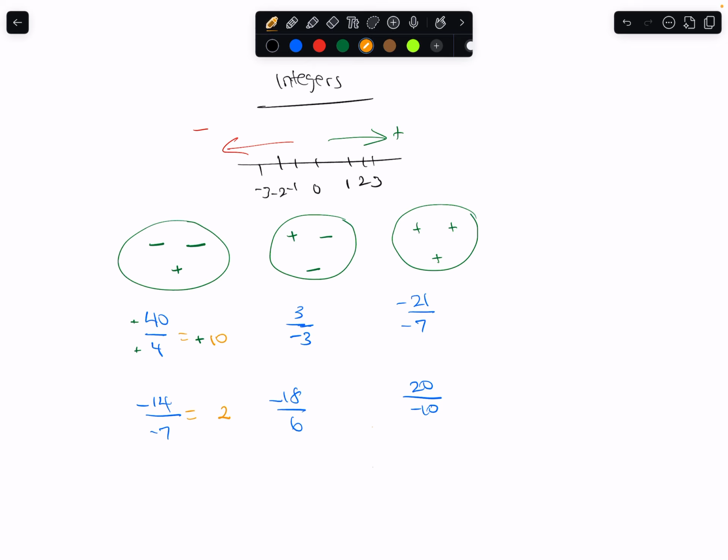A negative on the top divided by a negative on the bottom means this answer will be positive. Next one. 3 divided by 3 is 1. Positive on the top divided by a negative on the bottom means the answer will be negative.